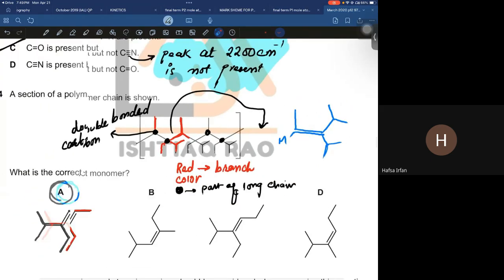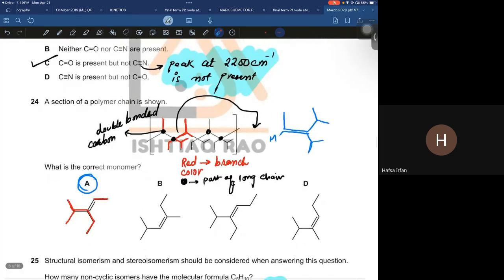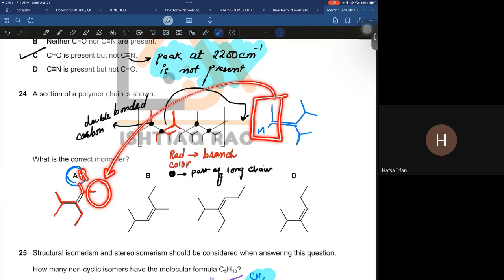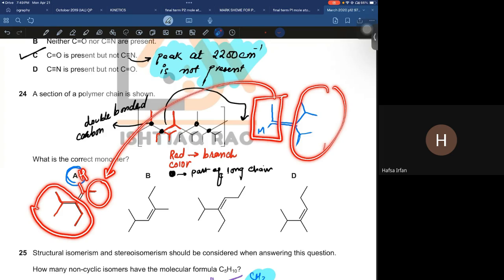So you can see this is your correct option. This is the monomer. Hydrogen, CH3, I'm going to match it. This is for this, and the whole part is for this. So option A is correct. It's quite a tricky option.